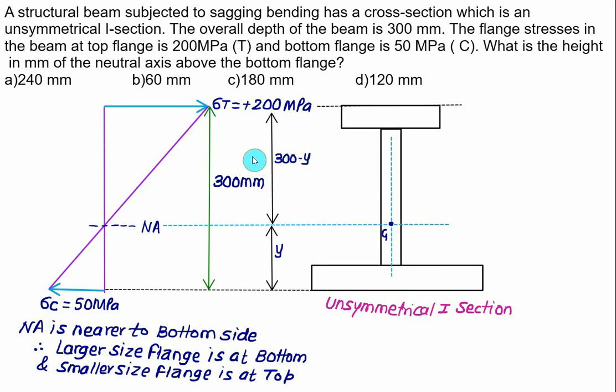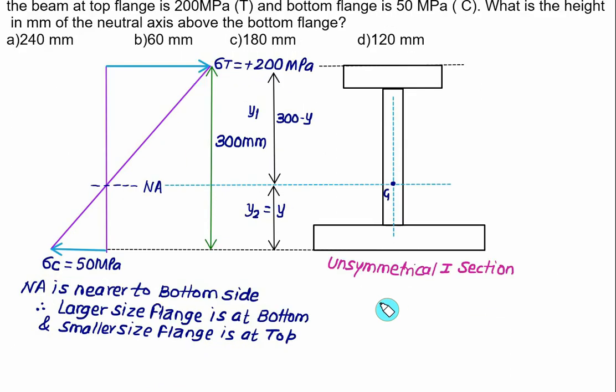Let's call this distance y1, with corresponding stress sigma t, and this distance y2, with corresponding stress 50 megapascal. We have a linear distribution here, so we can use the formula of linear distribution. Sigma t is proportional to y1, so sigma t divided by y1 is the same as sigma compressive divided by y2.